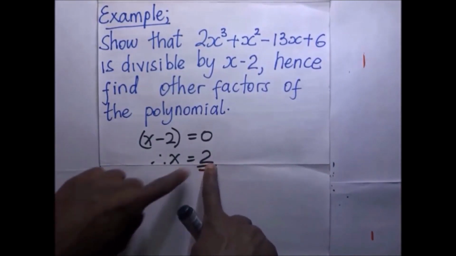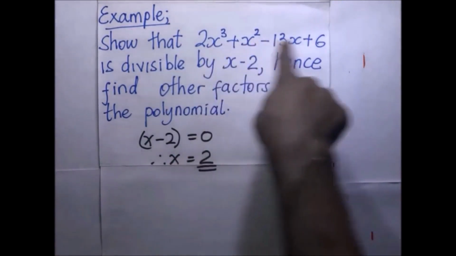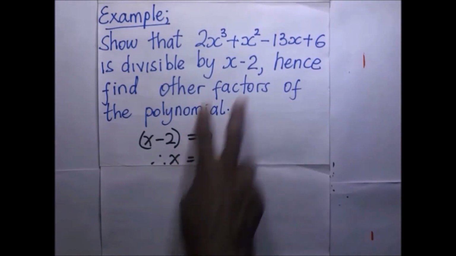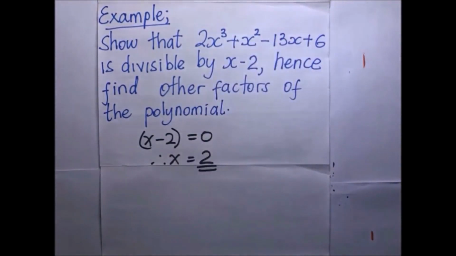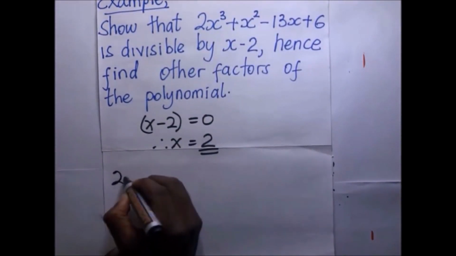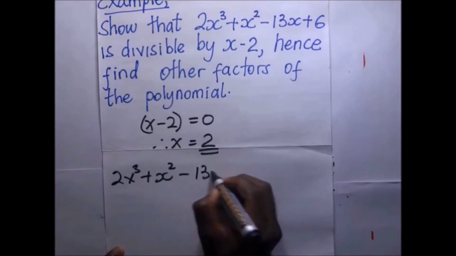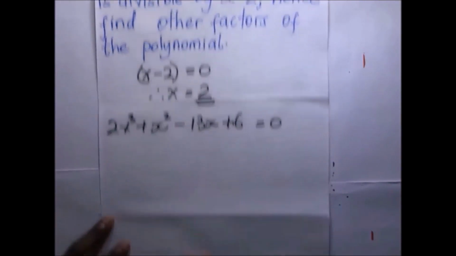If we put this value of x, which is 2, in this polynomial and our answer is equal to 0, then it means that there is no remainder, and that this x minus 2 is a factor of that. So we begin. 2x cubed plus x squared minus 13x plus 6 is equal to 0. So we substitute.